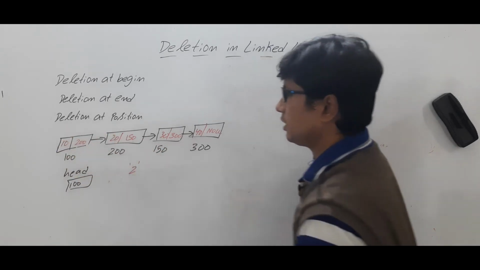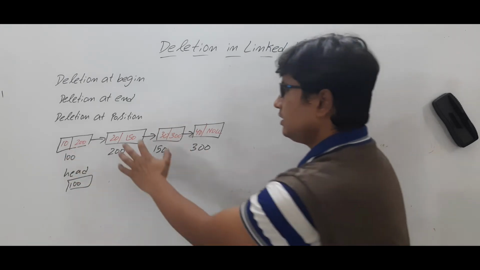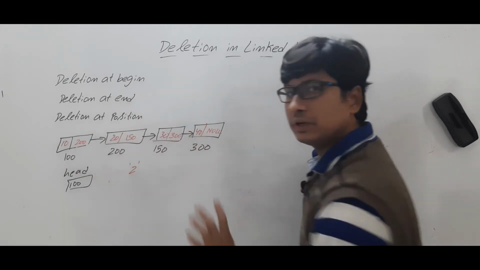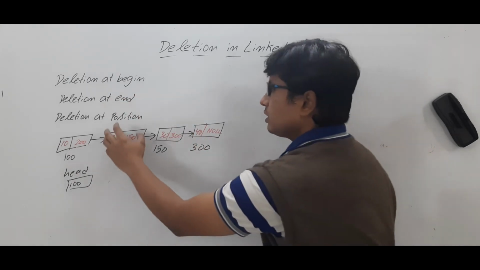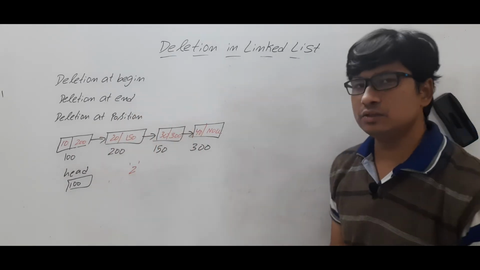Here 150 should come. Then this node will be pointing to this one. Then here you should make null. Then you have to release this memory. Then whatever pointer is pointing to it, you should make it a null pointer. These are the things you have to do.